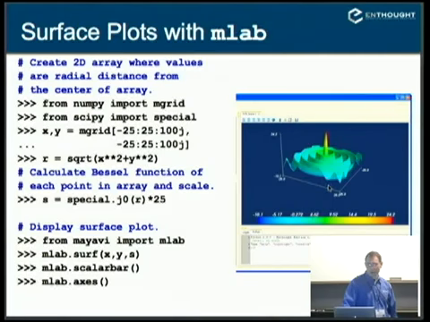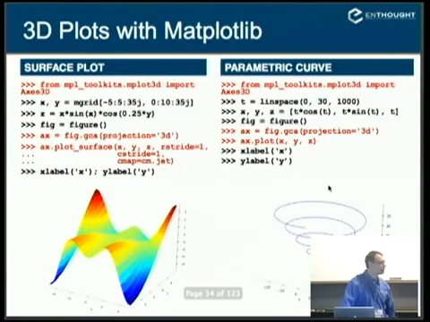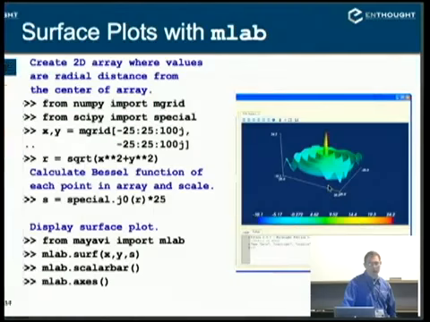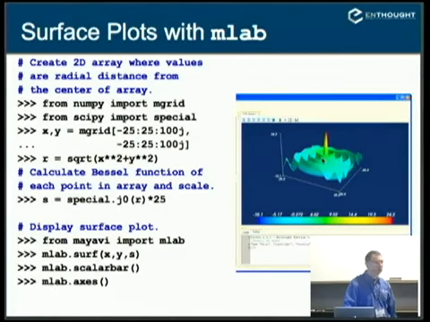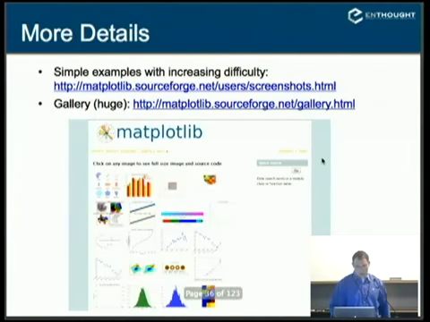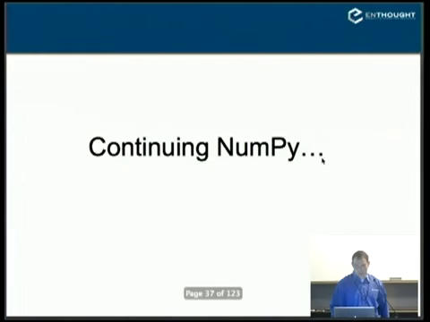I think out of the box, I like these plots better. They're prettier. But the power of this one is like an order of magnitude greater as far as the number of things it can do and also the speed at which it can do them. All right? All right, so more details over on the Matplotlib page.